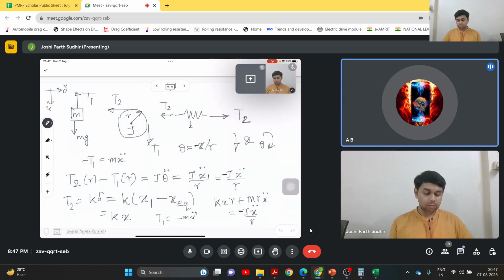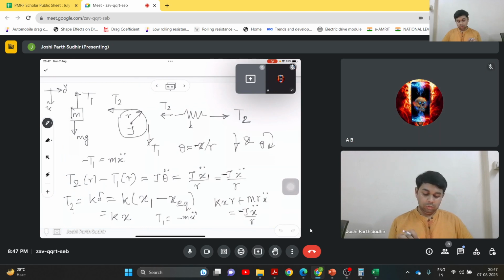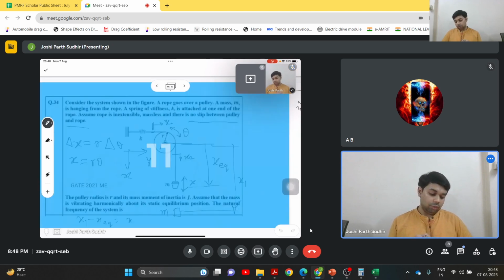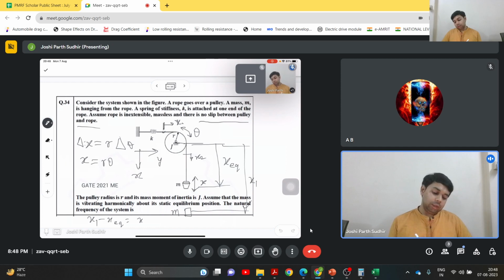Sir, can you highlight the equations you used to equate? Yeah, so first is basically to find out this relation. As I mentioned, because of the sign convention, x is equal to minus r theta. We are assuming that anti-clockwise rotation is positive and downward displacement is positive.